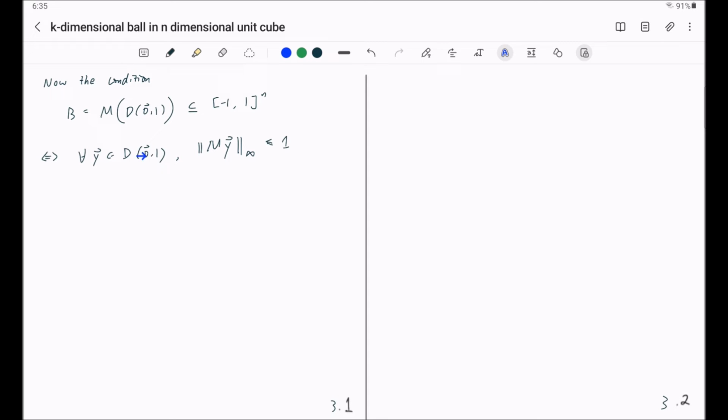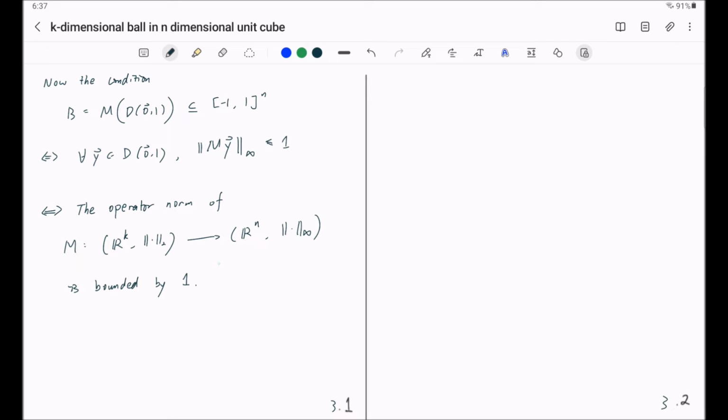And using the language of functional analysis, you can further translate this into the statement that the operator norm of this linear operator M from Rk with the two norm, the standard Euclidean norm, which corresponds to this disk, to Rn with the maximum norm or supremum norm, which corresponds to this cube, is bounded by 1.